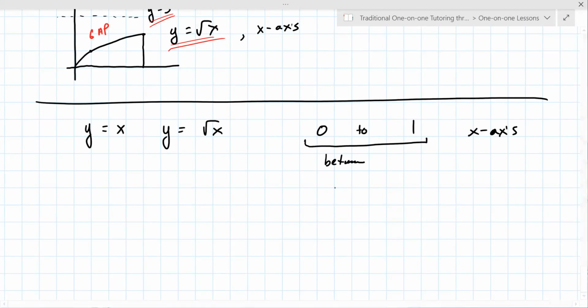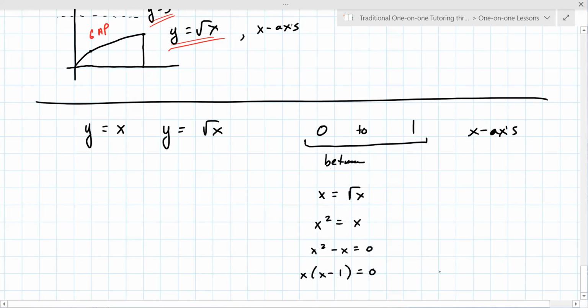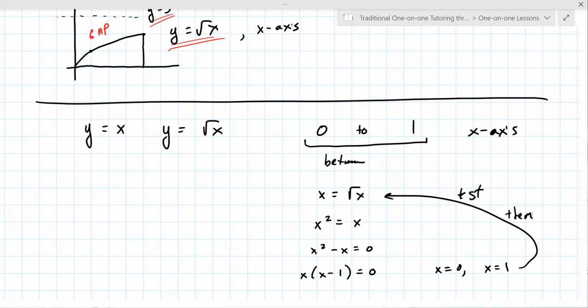How you find that is you set them equal to each other. Here you would probably square both sides, then move over, get x squared minus x equals 0, factor out an x, and get x equals 0, x equals 1. And you'd want to actually test those.